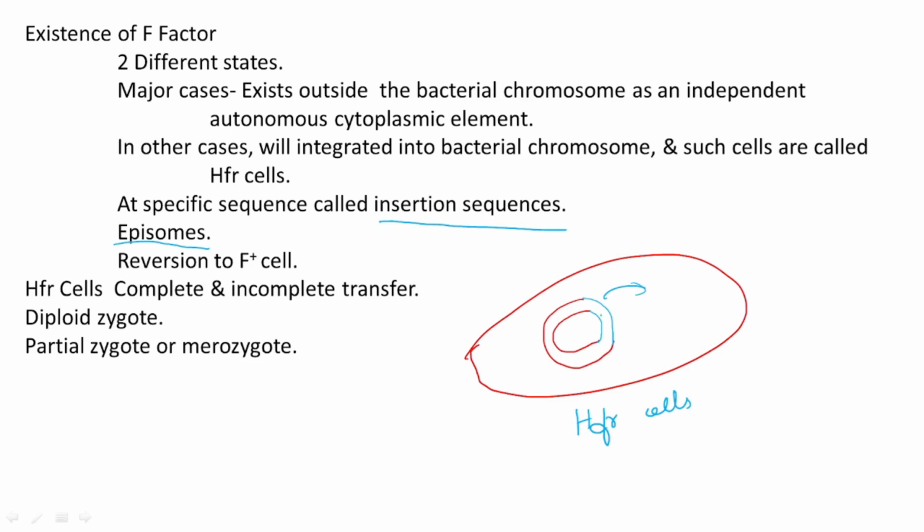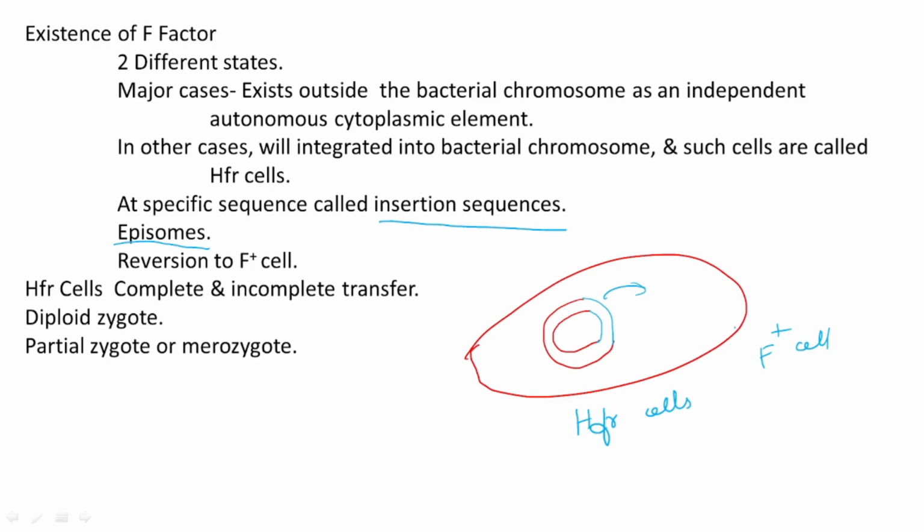And again, that cell reverts to an F plus cell when the integrated F factor leaves the bacterial chromosome and starts to remain separate as an independent cytoplasmic element.